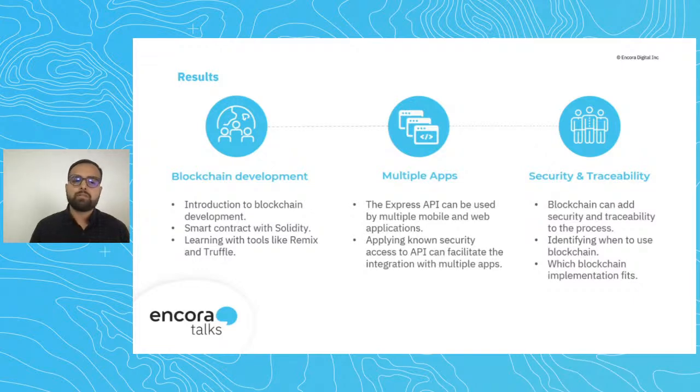I built a web application there, but there are a lot of projects that we can use with this API. We identified that using blockchain, we can add security and traceability to this use case process. Also, now we can identify when to use blockchain and which blockchain implementation fits each use case.